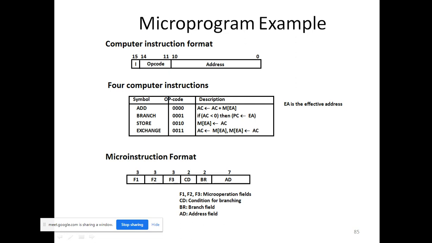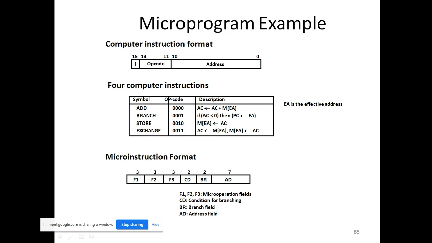For that they use this operation code. These are all operation codes. Here we are using a 4-bit operation code. Like that, based on this instruction format we will get 16 memory reference instructions. We have taken only 4 instructions.